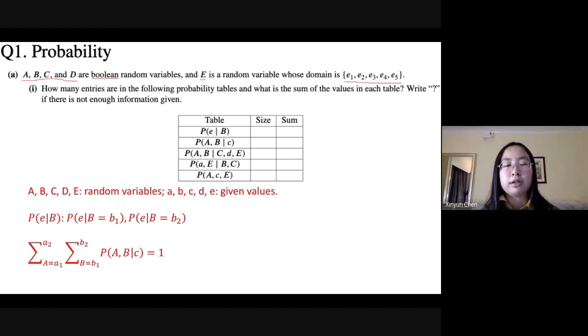Based on the discussion of these 2 probability tables, we will be able to fill in the answers for the remaining probability tables. So let's take a look.